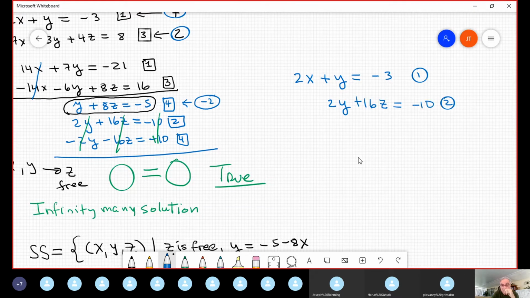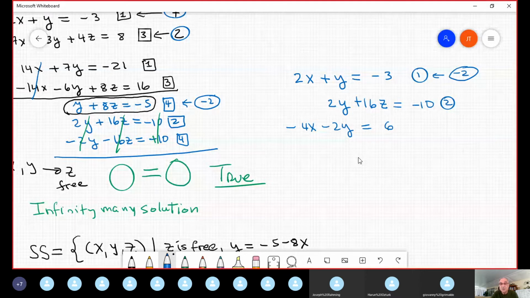And you do something in order to eliminate y. Maybe you multiply equation number 1 by -2. So when you multiply by -2, we have -4x minus 2y equal 6, no? Because negative times negative becomes positive.